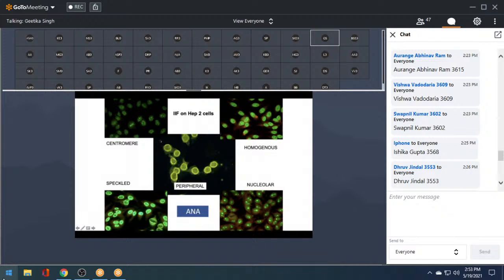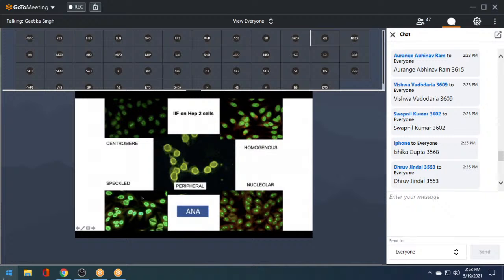So it's a good thing if you know some of these patterns. We have a centromeric pattern, like you can see here, multiple small dots, versus a nucleolar pattern, which is more large, confluent, smaller numbers. Then you have a homogeneous sort of pattern, a peripheral pattern, and a speckled pattern.